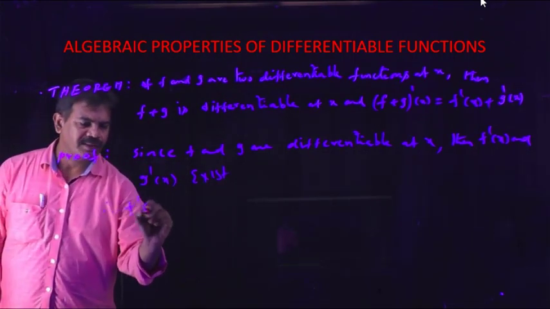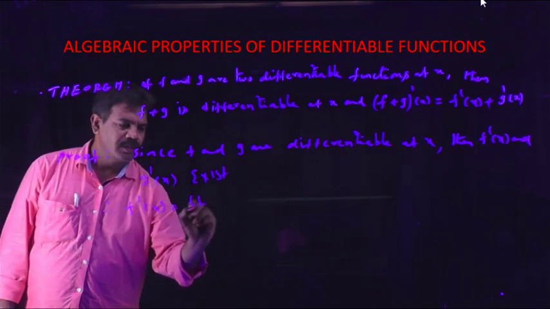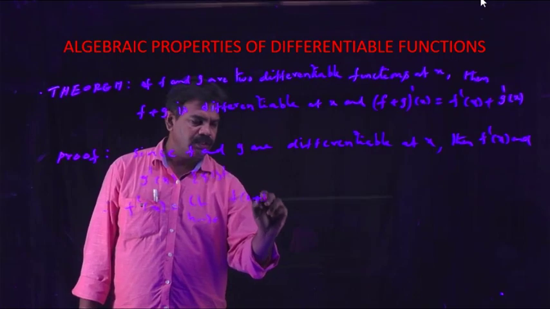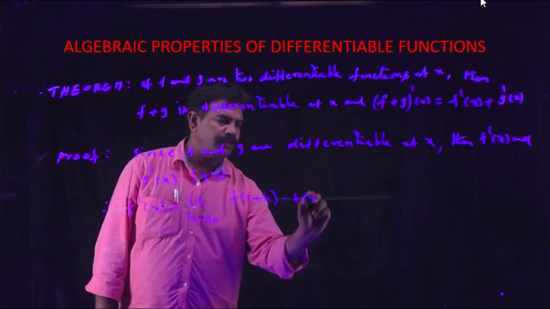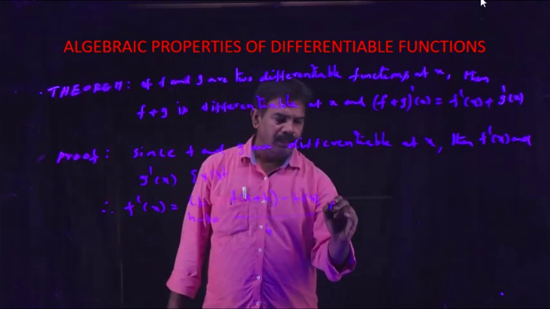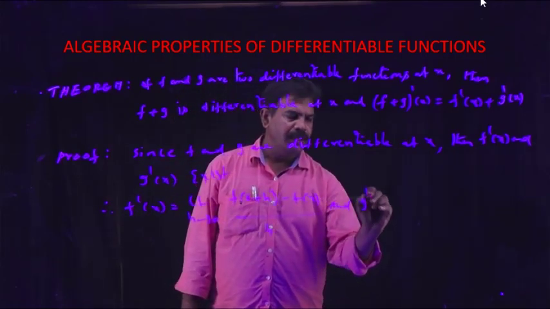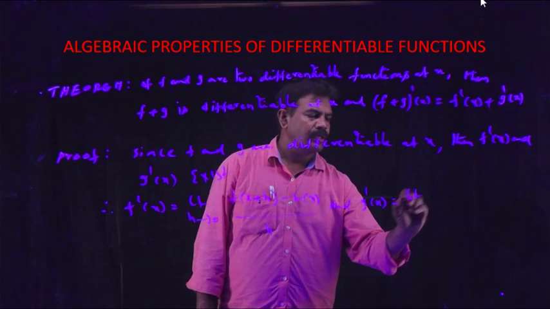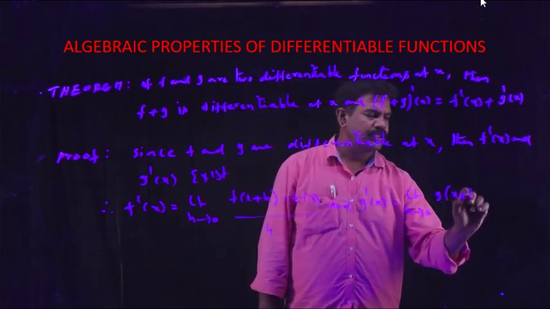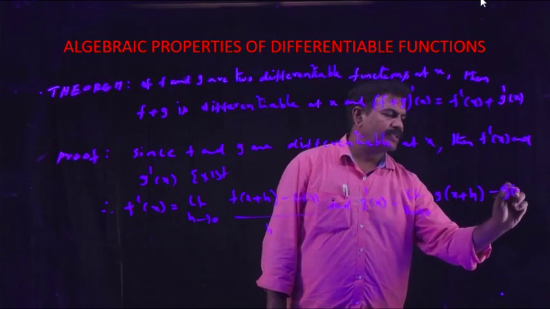Therefore, f dash x is equal to limit h tends to 0 of f of x plus h minus f of x by h, and g dash x is equal to limit h tends to 0 of g of x plus h minus g of x by h.